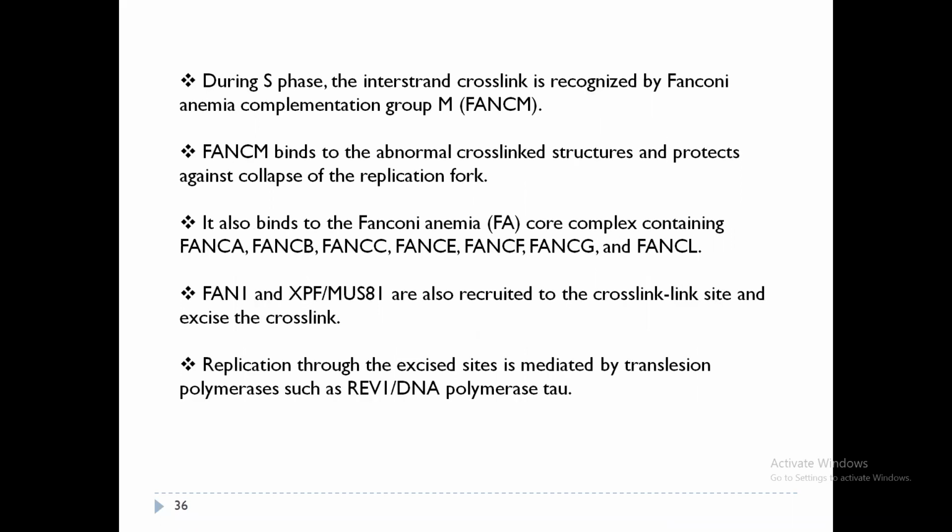During S phase, the inter-strand crosslink is recognized by Fanconi anemia complementation group M, FANCM. FANCM binds to the abnormal cross-linked structures and protects against collapse of the replication fork.